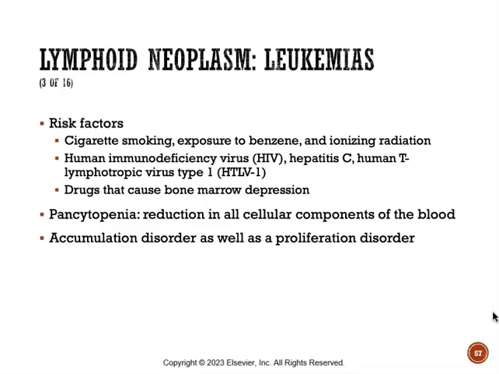And since leukemia is both an accumulation disorder, meaning the crowding out of the normal cells that we see in the bone marrow, and also known as a proliferation disorder with that uncontrolled malignant growth, our nursing care is going to focus on infection prevention, managing the anemia and the thrombocytopenia, and supporting patients through that treatment.